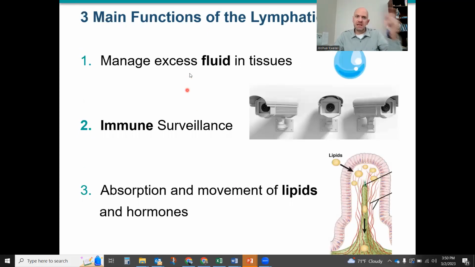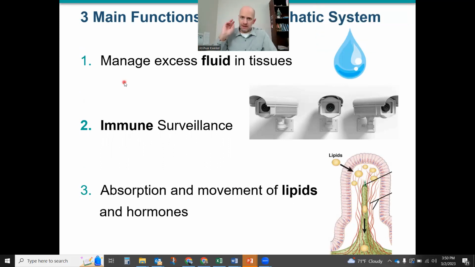All right, three main functions here of the lymphatic and immune system. First one, manage excess fluid. We have a nice water droplet there indicating that interstitial fluid is remaining in the tissues. Some of that excess fluid that's just out in the tissues gets additional processing through the lymphatic system.